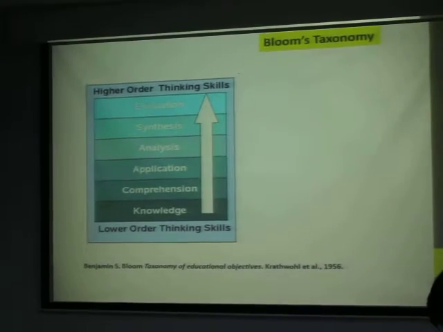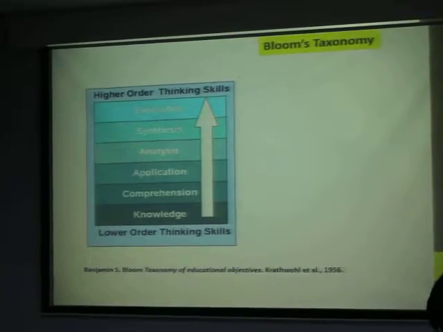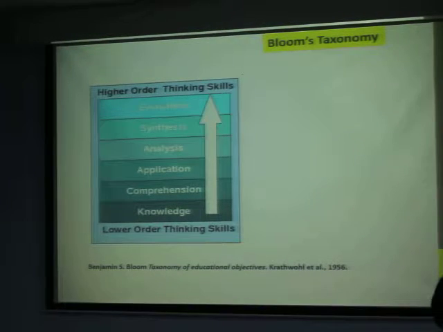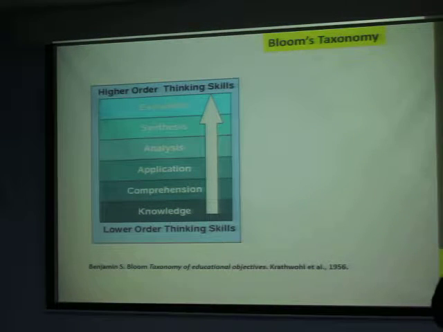There's a guy by the name of Benjamin Bloom, who came up with Bloom's taxonomy, which says, if I take a look at knowledge, there are lower order thinking skills and there are higher order thinking skills. And that in order to have effective instruction, I need both lower order thinking skills, which introduce people to the material, and higher order thinking skills, which test that they have formed a concept and can think deeply about the subject.